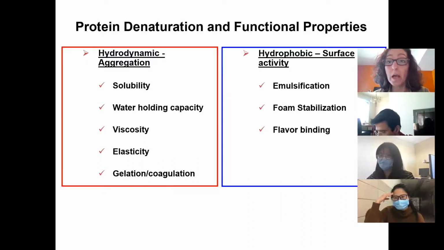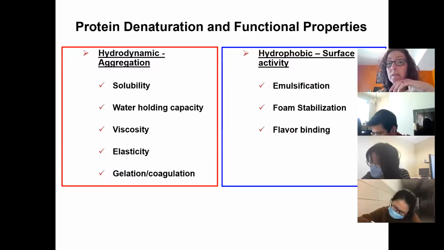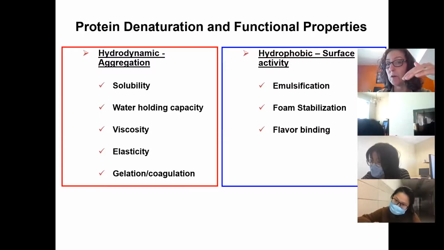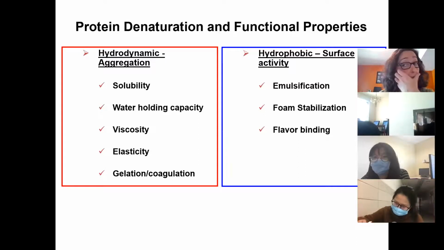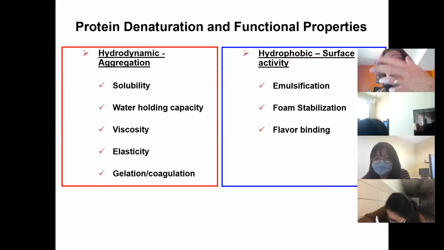So the other category, we call it the surface activity category, hydrophobic or surface activity in general. So the functionalities that go under this category are emulsification. So when you have an interface, two different phases that need to interact and remain in a stable form, you rely on the surface properties of the protein and their hydrophobicity as well as their hydrophilicity.